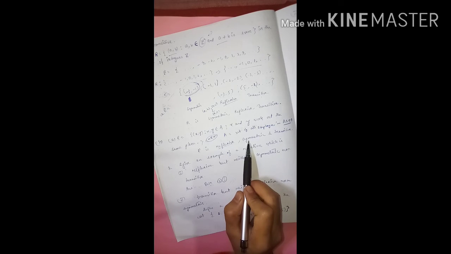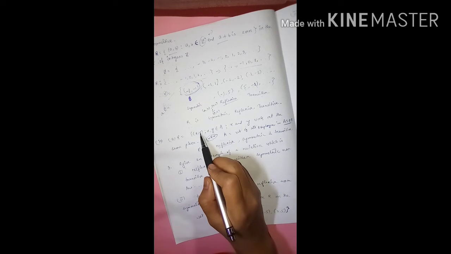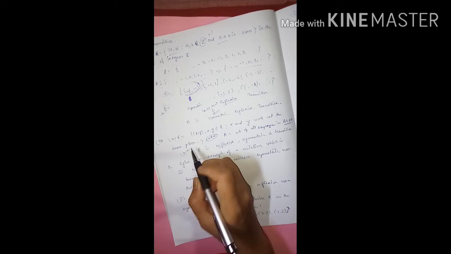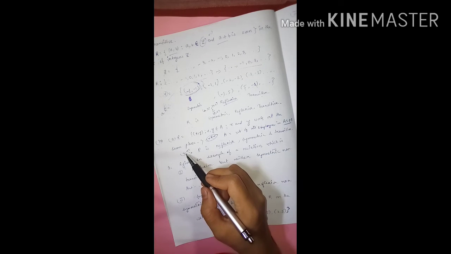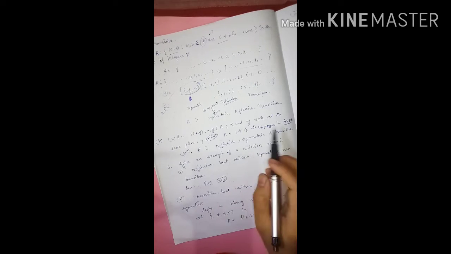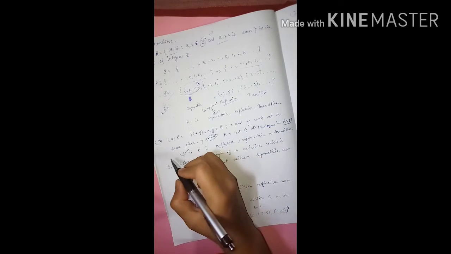For symmetricity, if we take (x, y), then I can also take (y, x). Y is an employee, x is an employee. I am just interchanging them, right? So this is also symmetric. For transitivity, this is obvious.